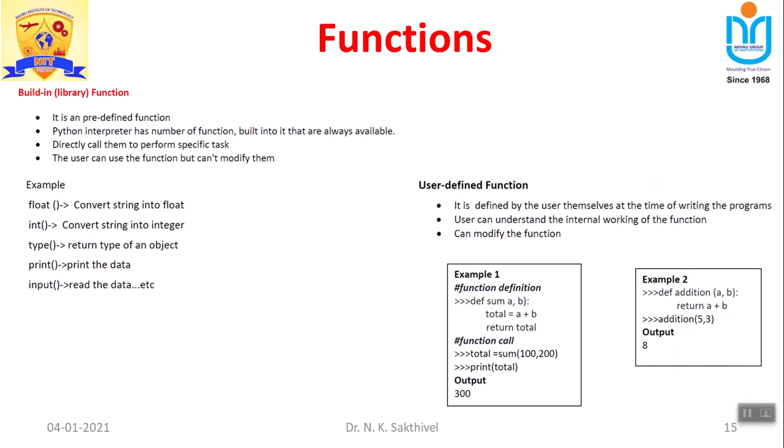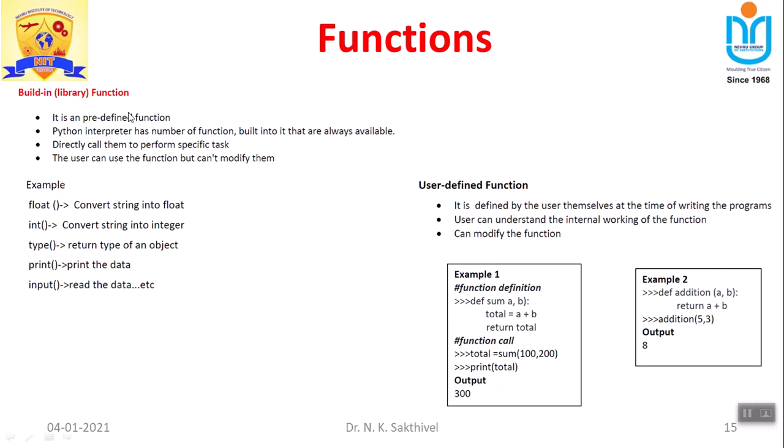Then we will focus on functions. I already explained functions in a detailed manner in my video. The main purpose of function is to split the complicated problems, and each small problem we can solve with different functions. That is the primary objective. So we can consider two types of function.